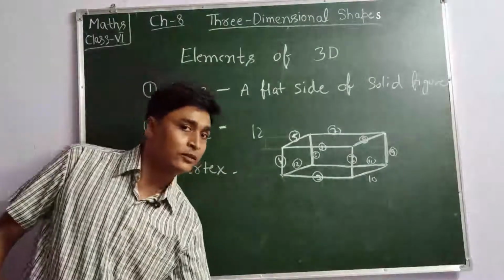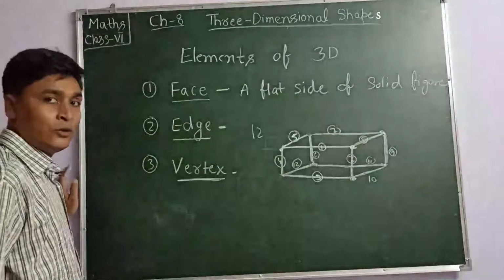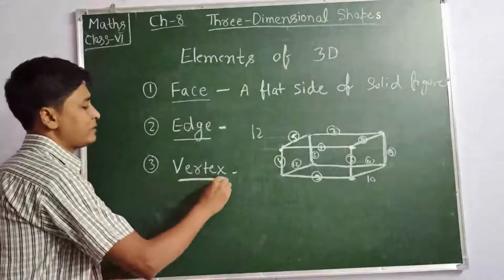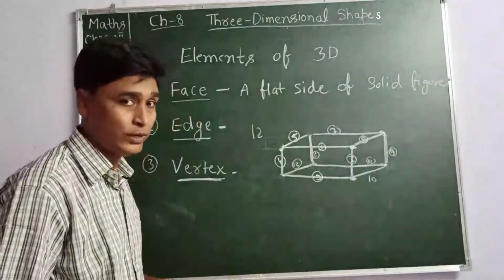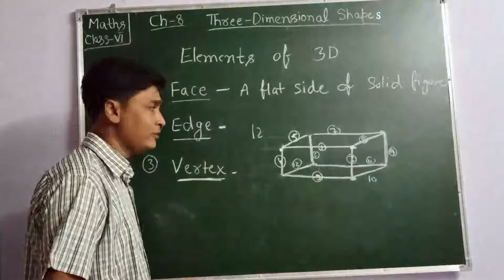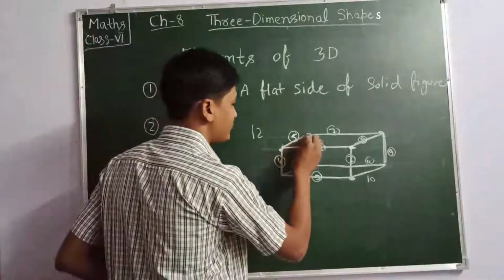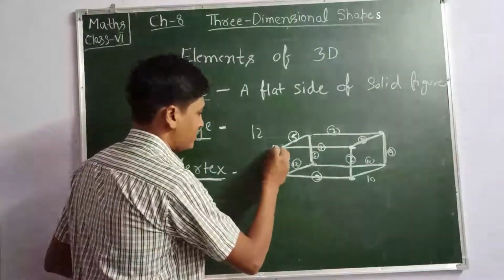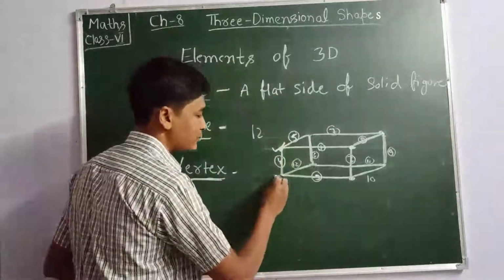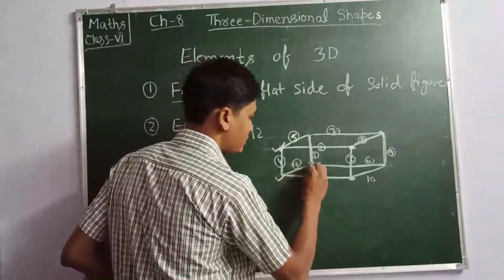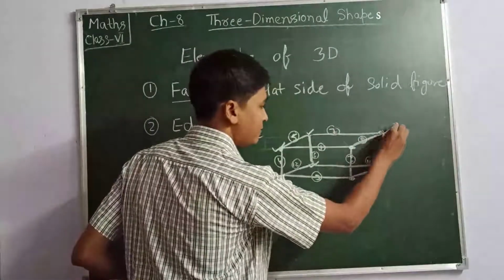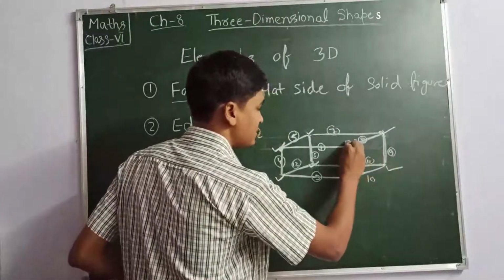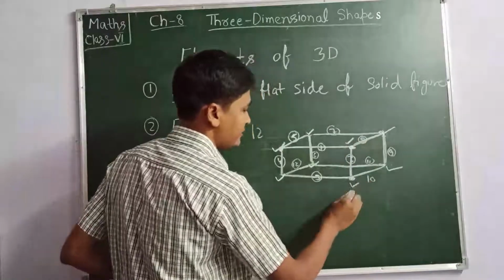Now what is vertex? A place where the edges meet is called a vertex. Example, in the same figure, where these edges meet: 1, 2, 3, 4, 5, 6, 7, and 8.